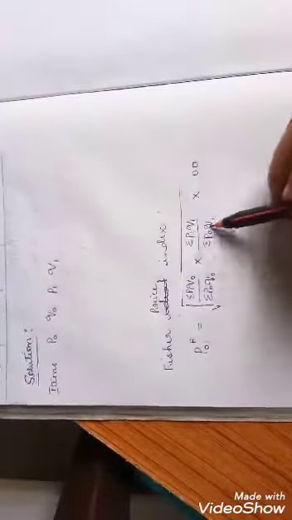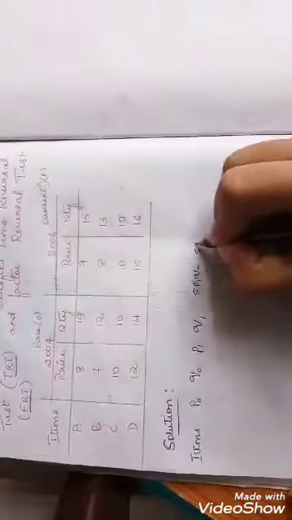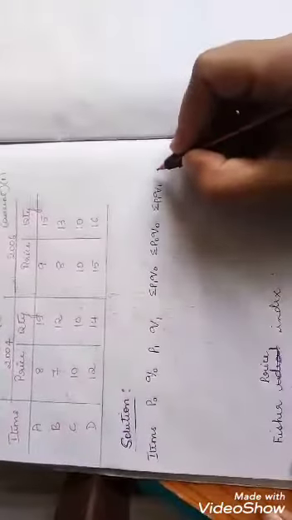Now we need to calculate these things, so we will write them here. We need summation P1 Q0, summation P0 Q0, summation P1 Q1, and also summation P0 Q1.